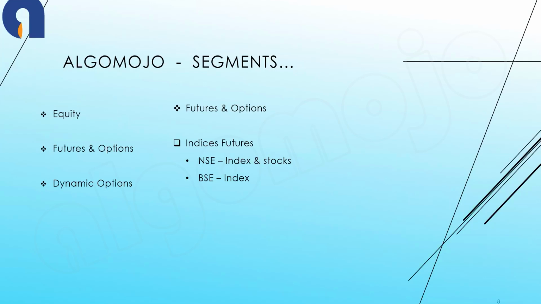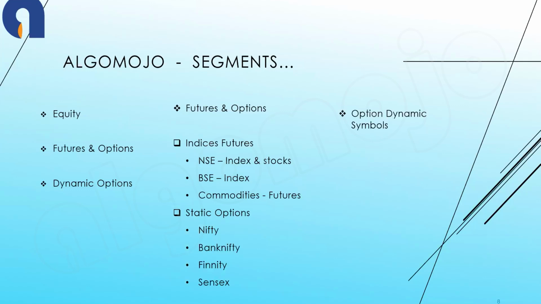BSE index and stocks you can trade. Commodities futures you can trade. Static options are possible for Nifty, Bank Nifty, Fin Nifty, and Sensex options as such. In terms of dynamic options, it is for Nifty, Bank Nifty, Fin Nifty, and Sensex.